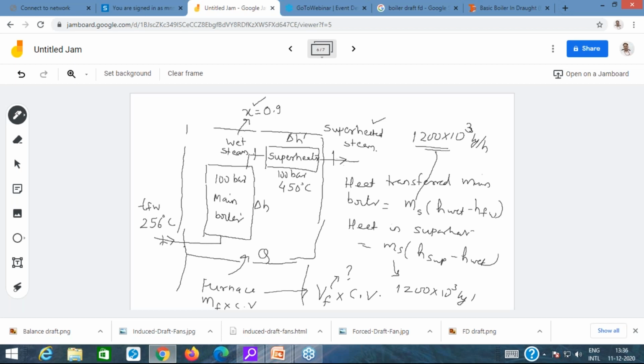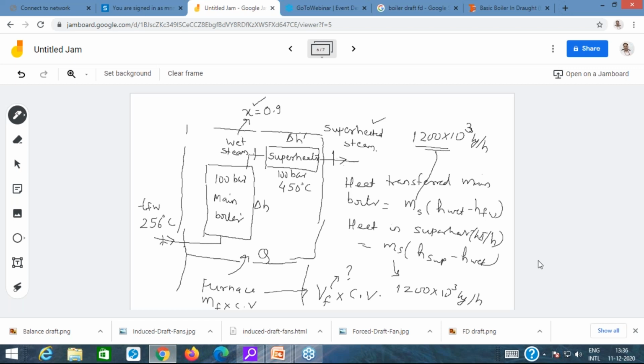If you keep it in kgs per hour, your answer would be in kilojoules per hour. If you convert this into kgs per second, your answer would be in kilojoules per second. Whatever units you prefer, but please mention the units when you write down the answer.